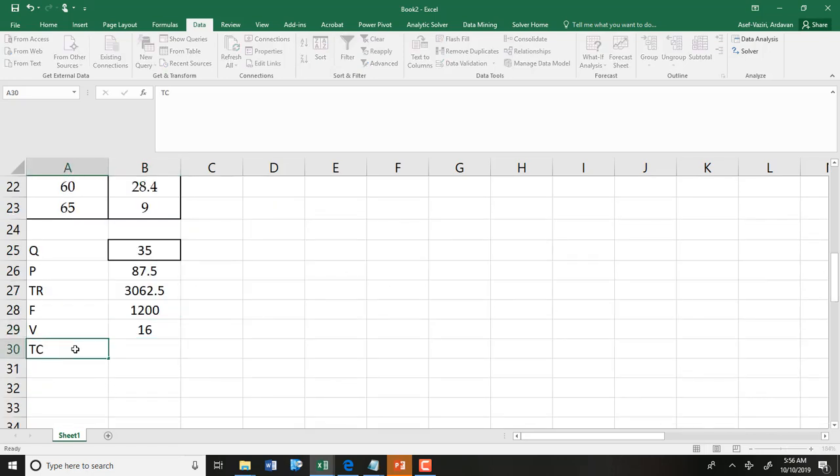Total cost is equal to fixed cost plus variable cost multiplied by quantity, and that is my total cost. Now I come here and I define total profit, which is simply equal to total revenue minus total cost.